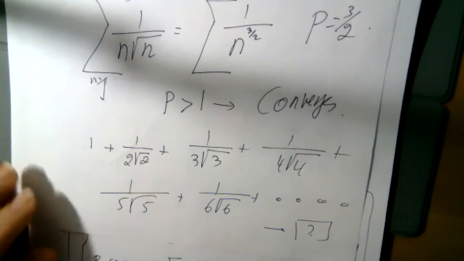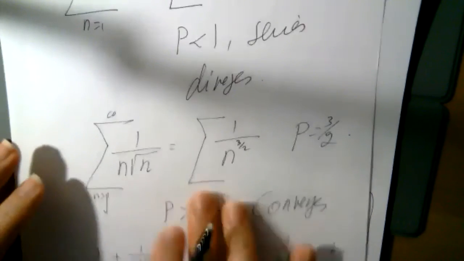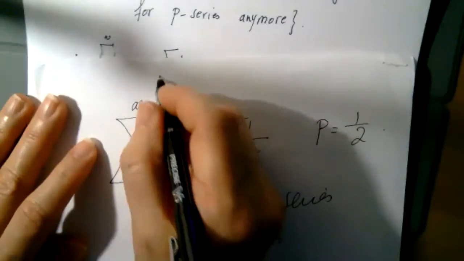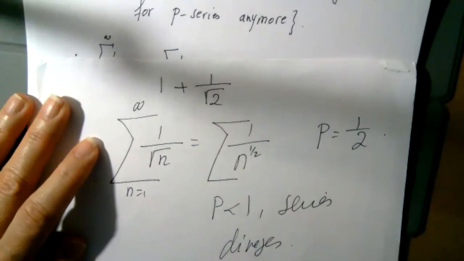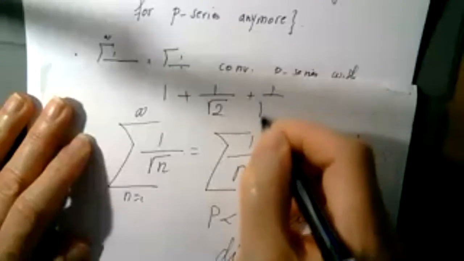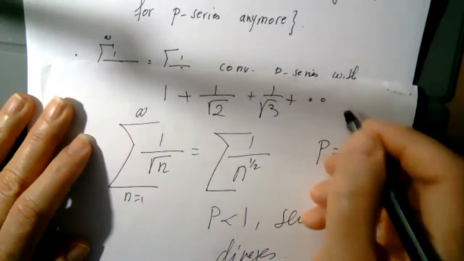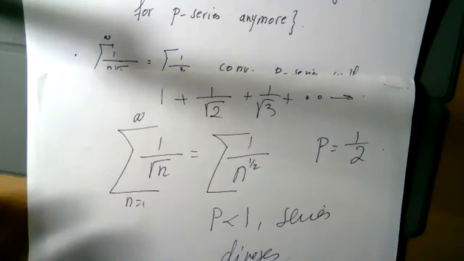It will not blow up on me. However, if I take 1 plus, that's the one I gave you yesterday, I gave you some of its partial sums, 1 over square root of 3, I keep adding those, they really are going to blow up.